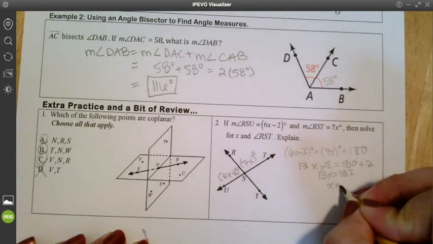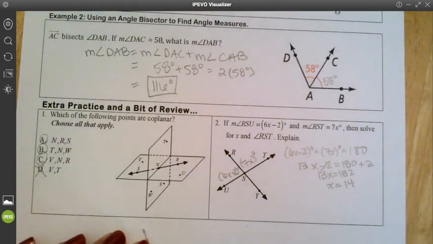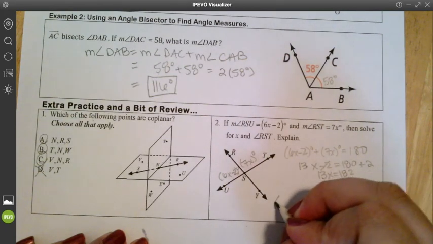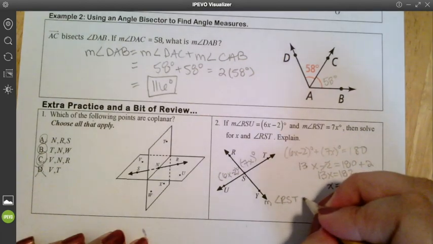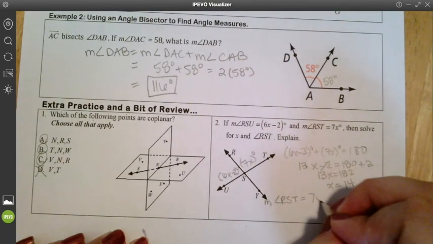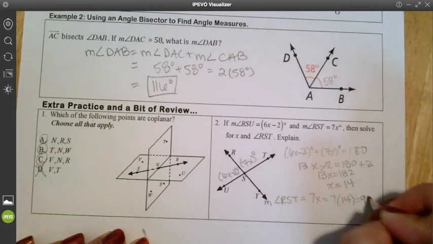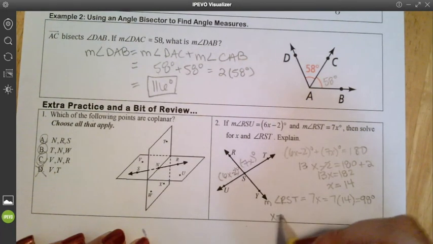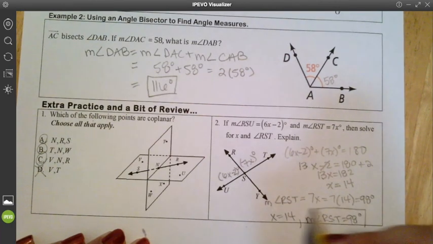Dividing both sides by 13, we get 14. Okay, so x is 14. That's the first part. We also need angle RST's measurement. So we put a little m in front. RST is 7x, which is 7 times 14, which is 98 degrees. So we have x equals 14, and the measure of angle RST is 98 degrees.